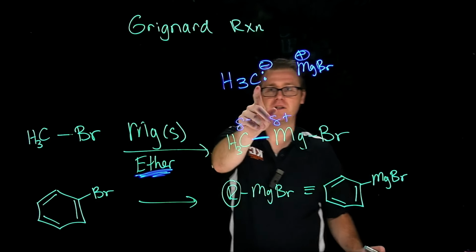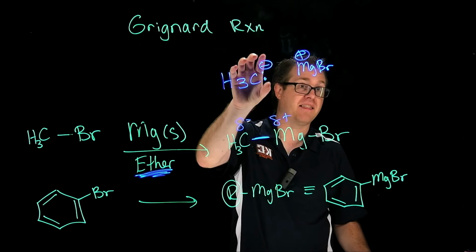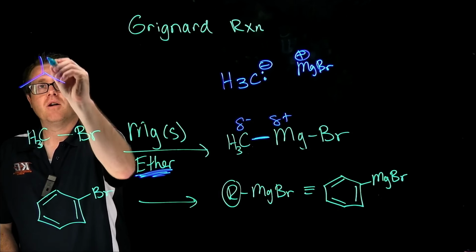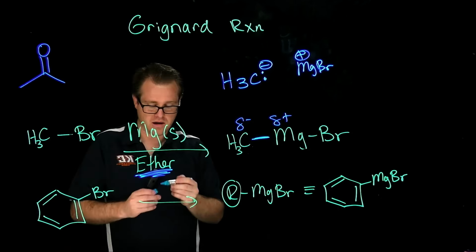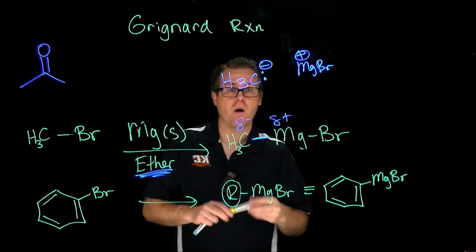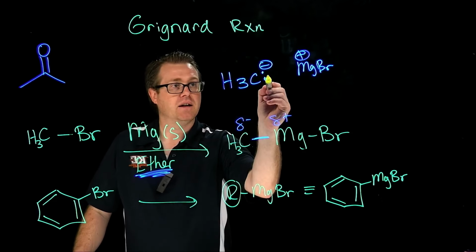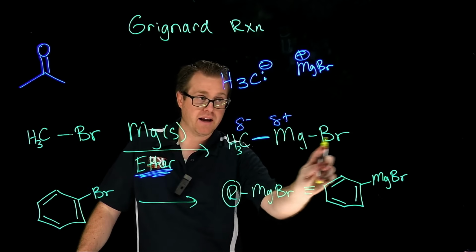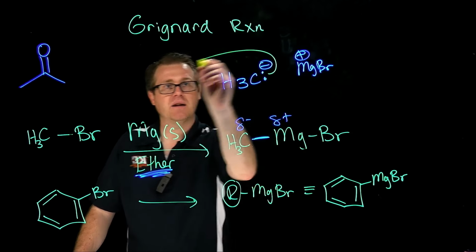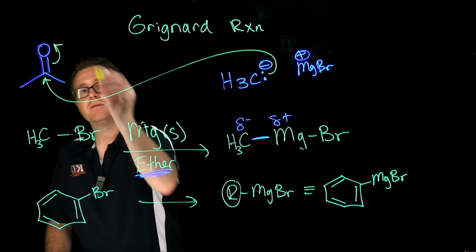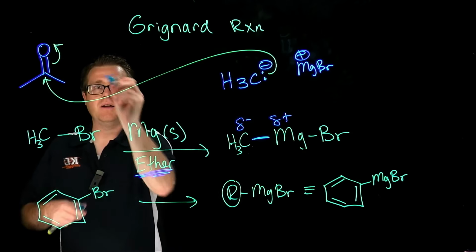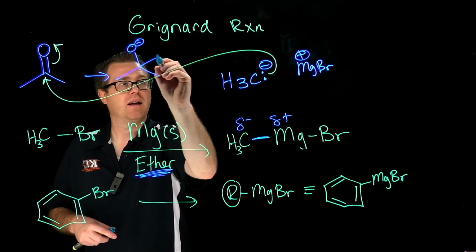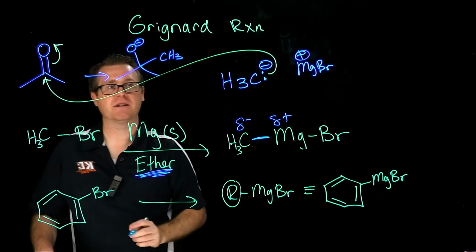Now, why do I want you to envision it like this? The reason is because when you take a look at the mechanism, when you have a ketone, can you see that in step 1 of the reaction, this Grignard reagent right here, which is also right here, can you see how that's going to come in here like this? And when that does that, what are we going to get? We're going to form an alkoxide, and then my methyl group's going to attach.